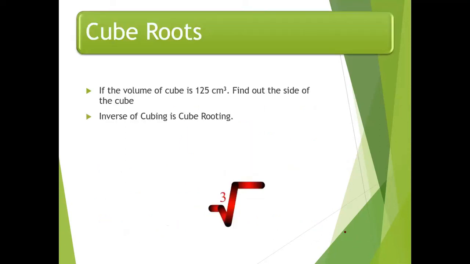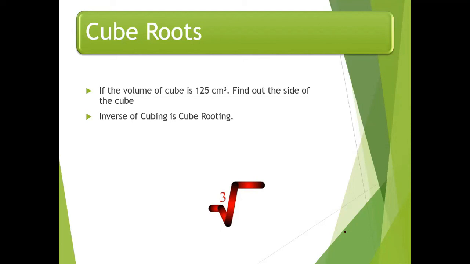Okay. Now cube roots. What is the need of cube roots? Suppose we have a cube of volume 125 centimeter cube. Now we are asked to find out the side of the cube. We have to know a number whose cube is 125 to calculate the side of the cube, because volume is side cube. So the inverse of cubing is cube rooting.